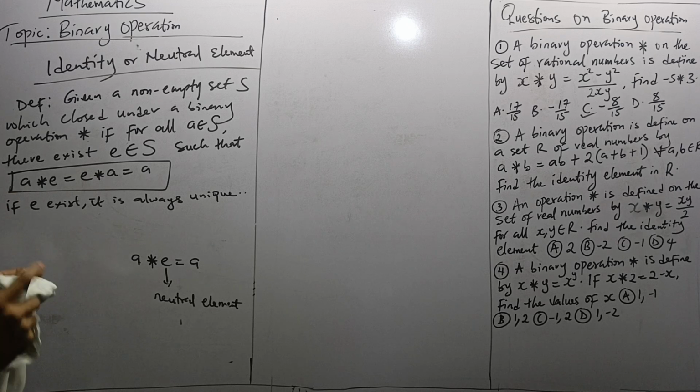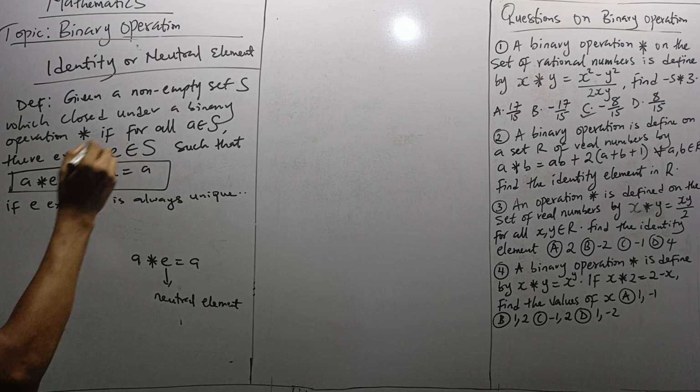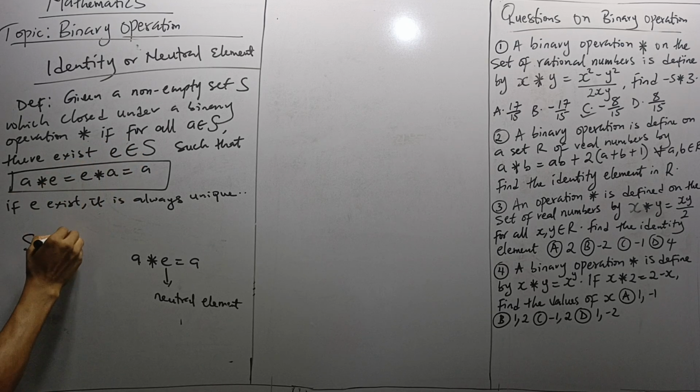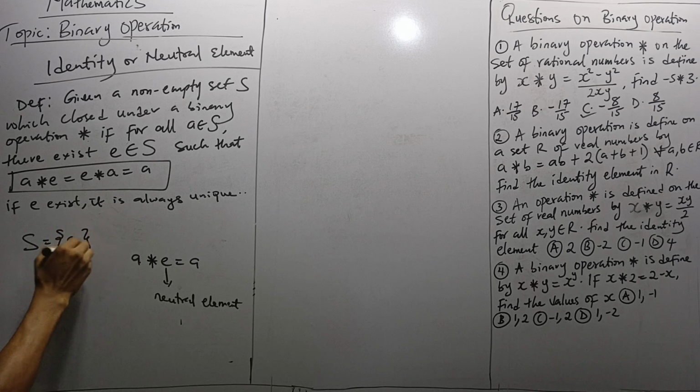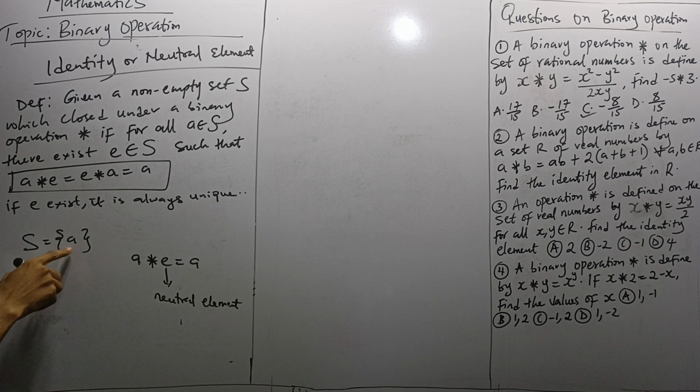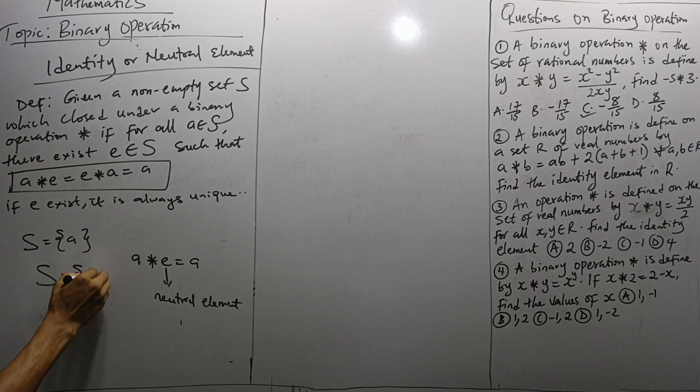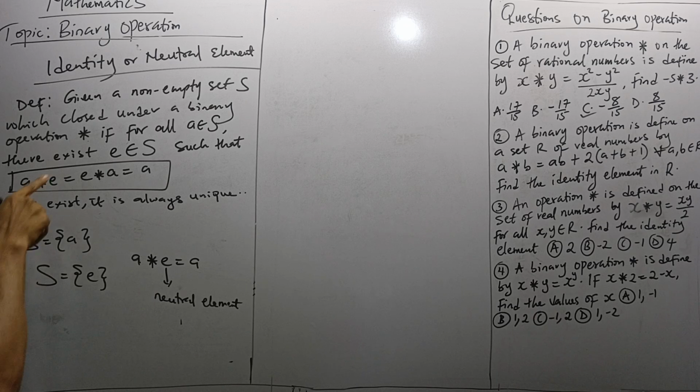Now the summary of the whole thing is that if X is defined by the element A, meaning that every element in X can be represented by A, then there exists another element E, which can also be found in X, such that the operation asterisk is defined upon the set.